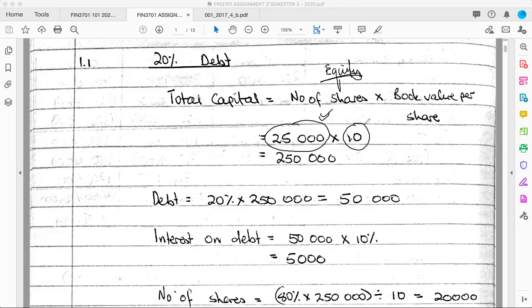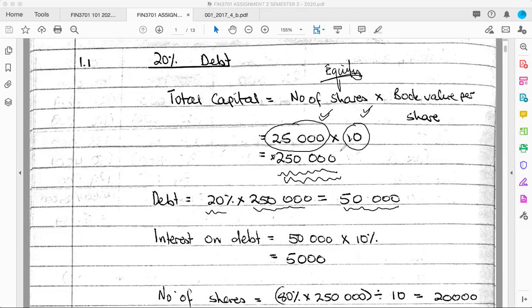So we take the number of shares multiplied by the book value per share, and that gives us 250,000 Rand, which is our total capital. And then 20% of this 250,000 is debt. So we say 20% times 250,000, and that gives us 50,000.